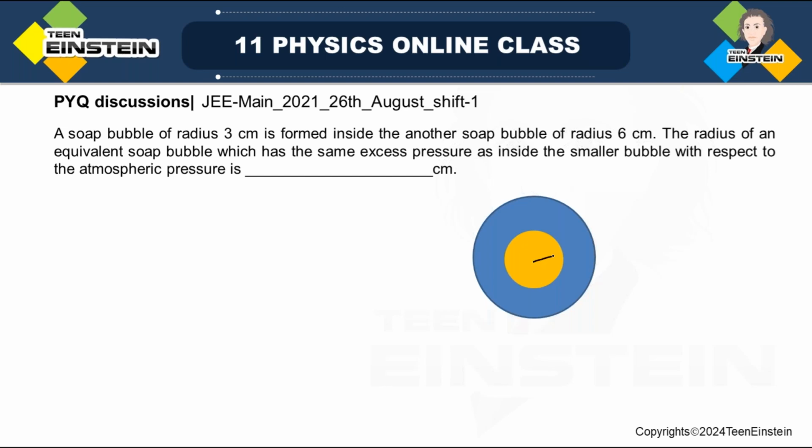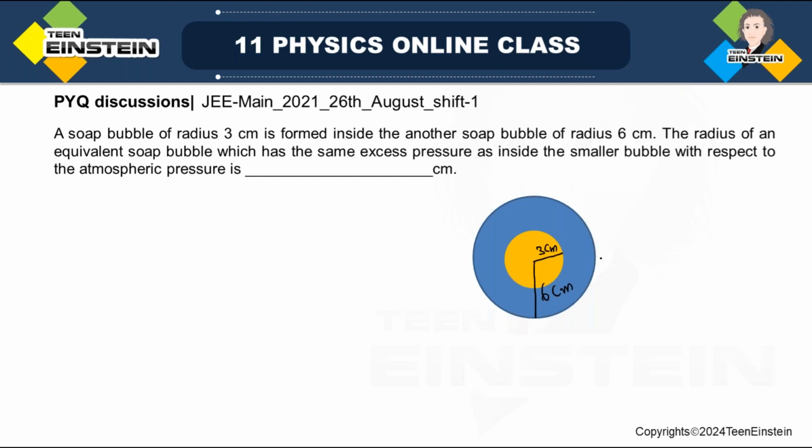That means, let us say this is 3 centimeter, and this is formed inside another bubble which has radius 6 centimeter. The radius of an equivalent soap bubble.